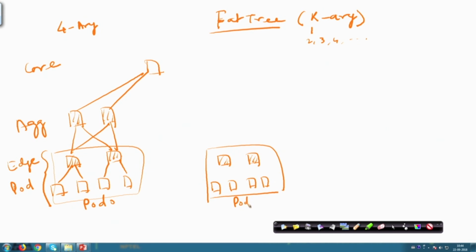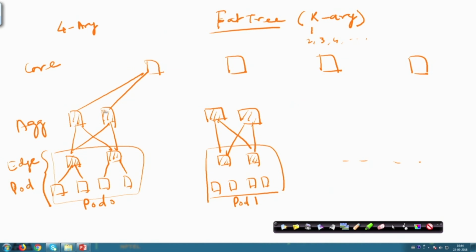So, you will have another pod, pod 1. Pod 1 also, like before, is going to be connected to other switches in this manner, and again it also will be connected to this core. So, this is your core. Like this it is going to continue.